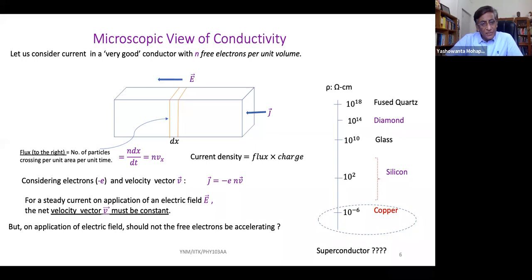If they're accelerating, shouldn't v be changing with time? Why is v constant? That's a question that we have asked earlier. Why would they move with constant velocity?